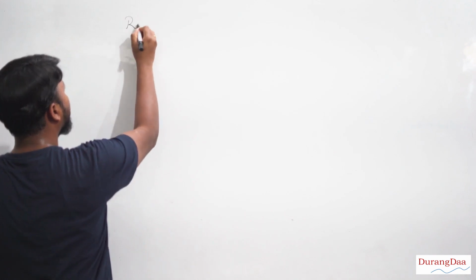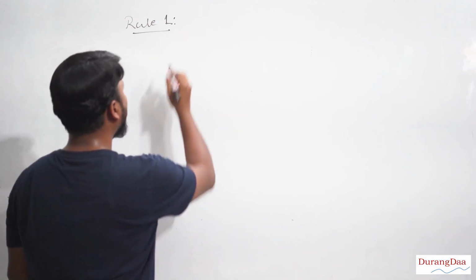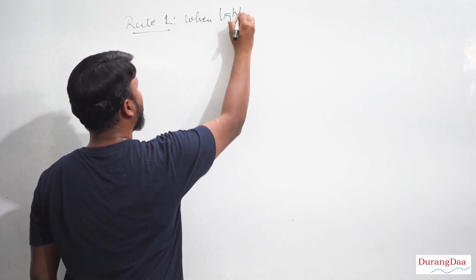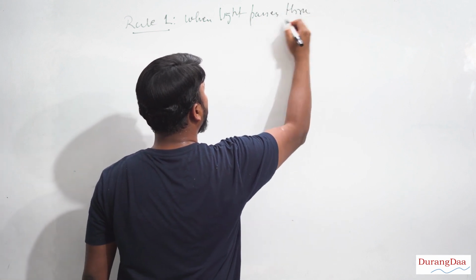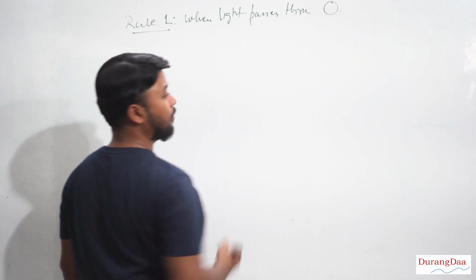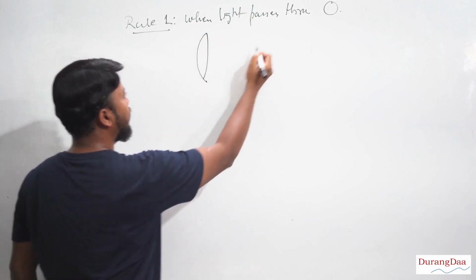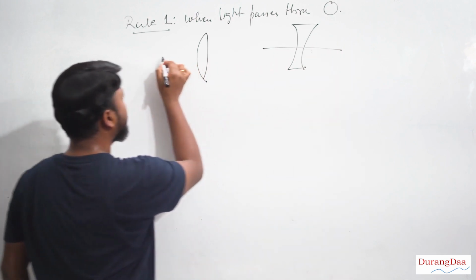First one, rule 1 for ray diagrams is when light passes through the optical center, whether it be a convex or a concave lens. This is the principal axis.